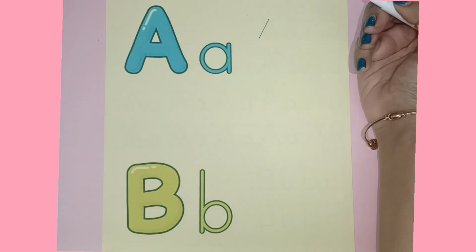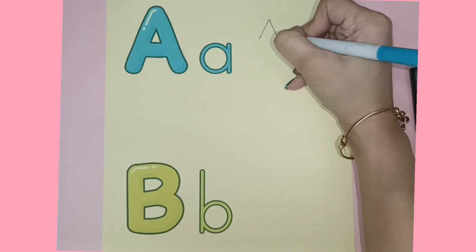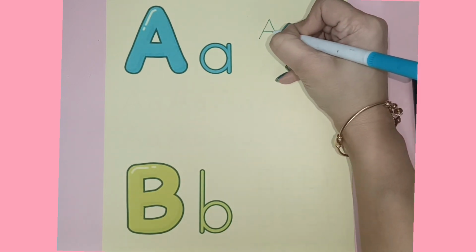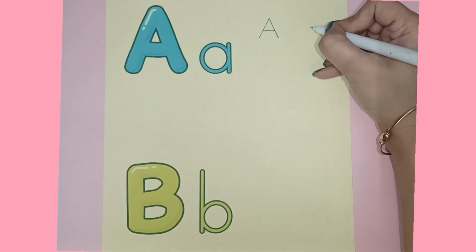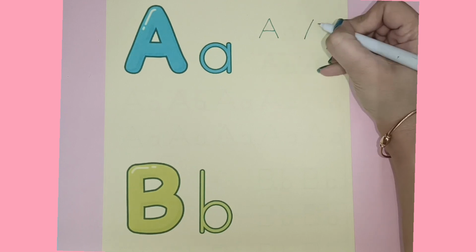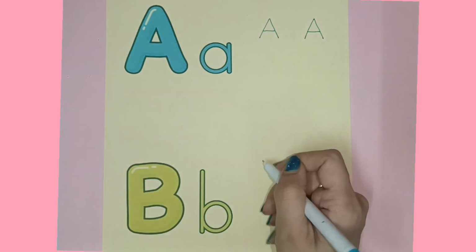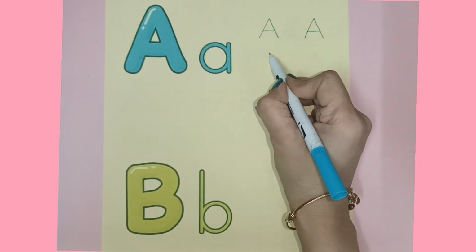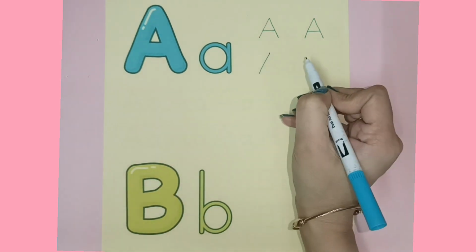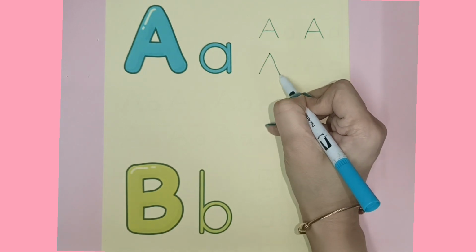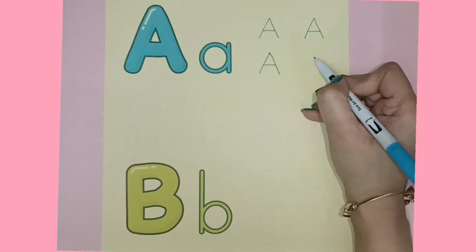Let's start. One downward, two downward, close. It's A. One downward, two downward, and close. A. One downward, two downward, close.